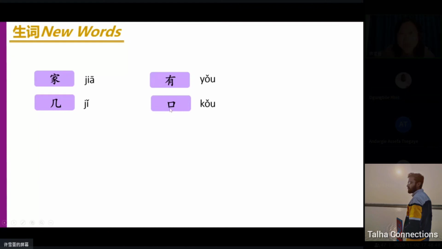So when you count the family members, we may count how many mouths do we need to feed, right? In a family, you keep people alive and feed them enough food. It's very important. So when we count the family members, 1 mouth, 2 mouths, 3 mouths, that's why 口 is the measure word for family members. Got it?